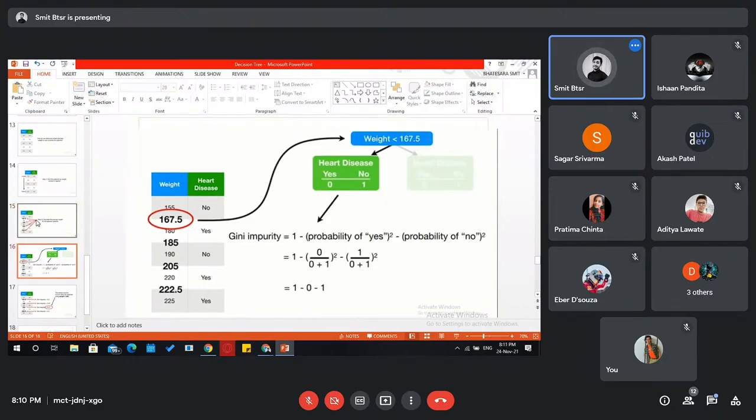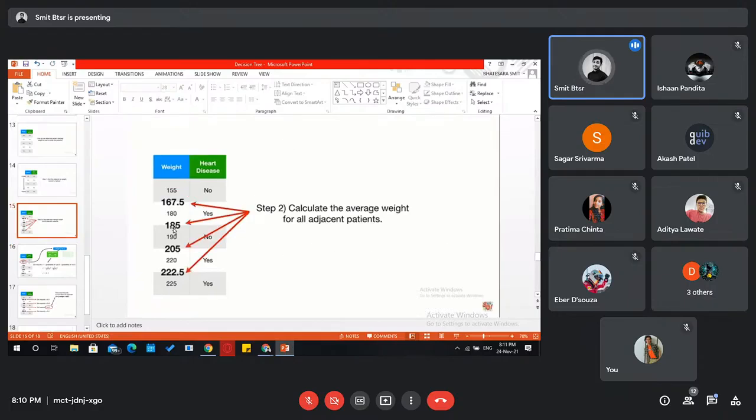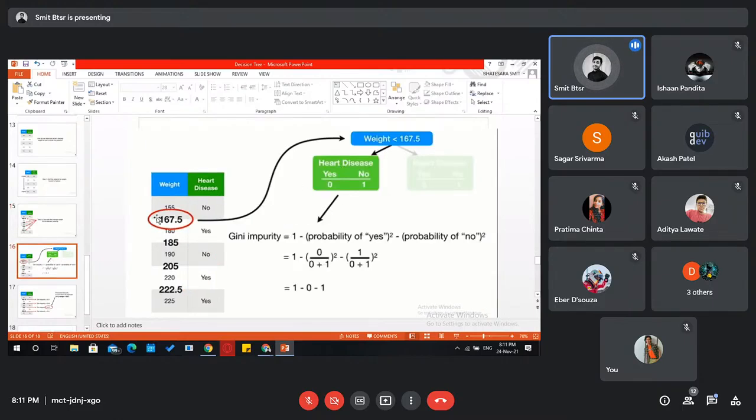Then, with the available data, we have to take the average of the adjacent patients. For each average, this is one average, this is the second average, third average, we ask questions like: if weight is less than 167.5, then the next question would be, is there heart disease or not?